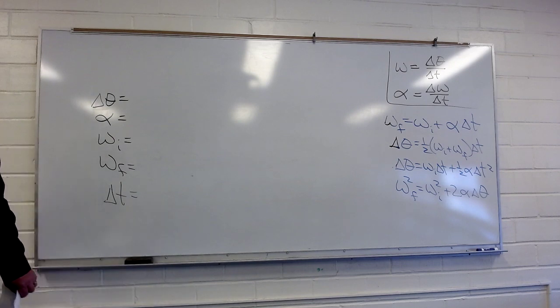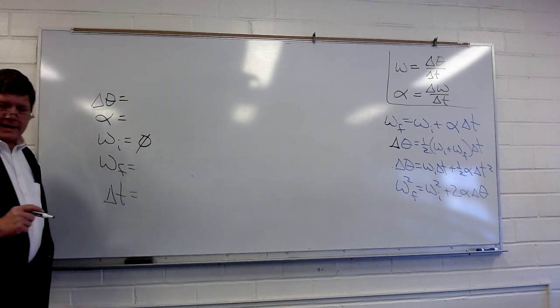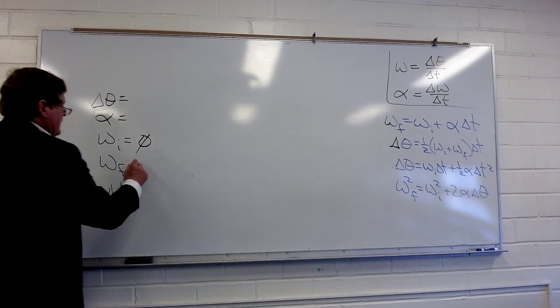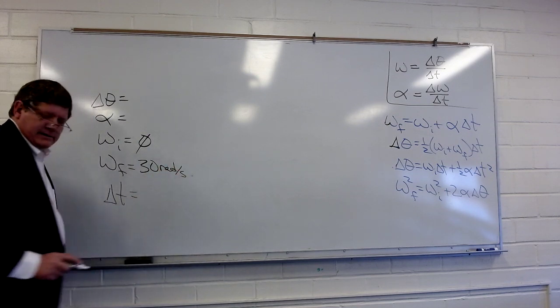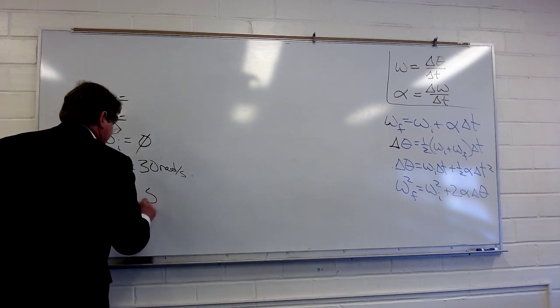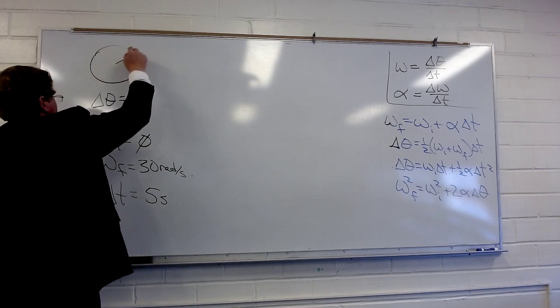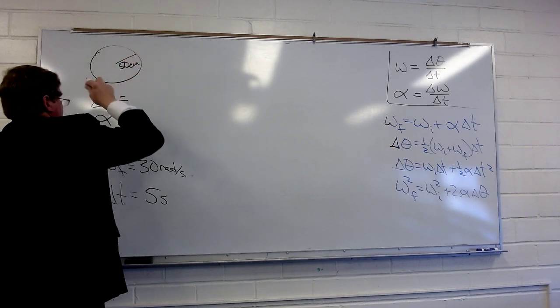And again, this thing is starting from rest, so the initial angular velocity of the wheel is 0. We're told that the final angular velocity is 30 radians per second. And we're also told that it accelerates for 5 seconds. We also know that the wheel has a radius once more of 1/2 meter or 50 centimeters.